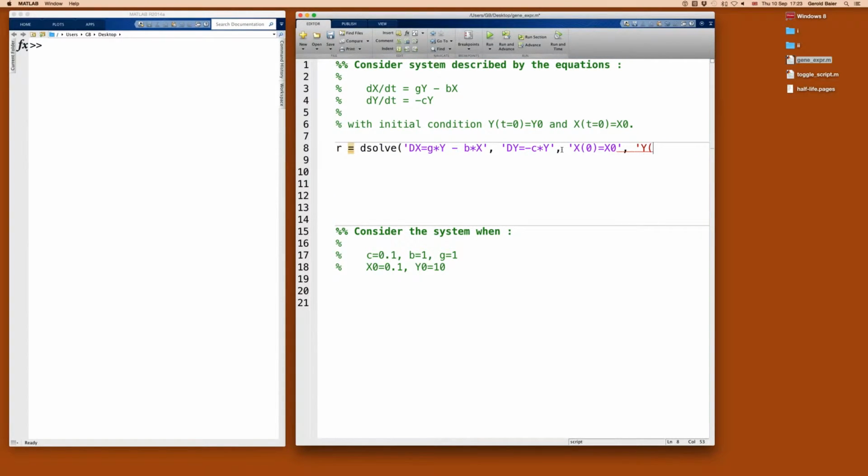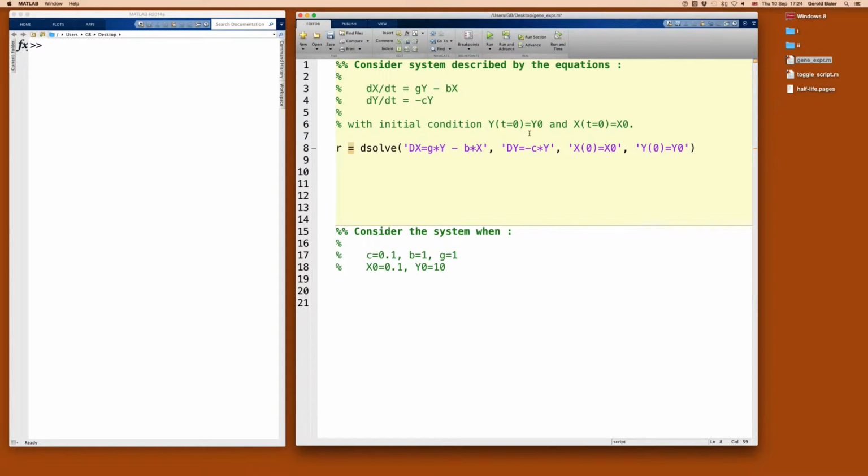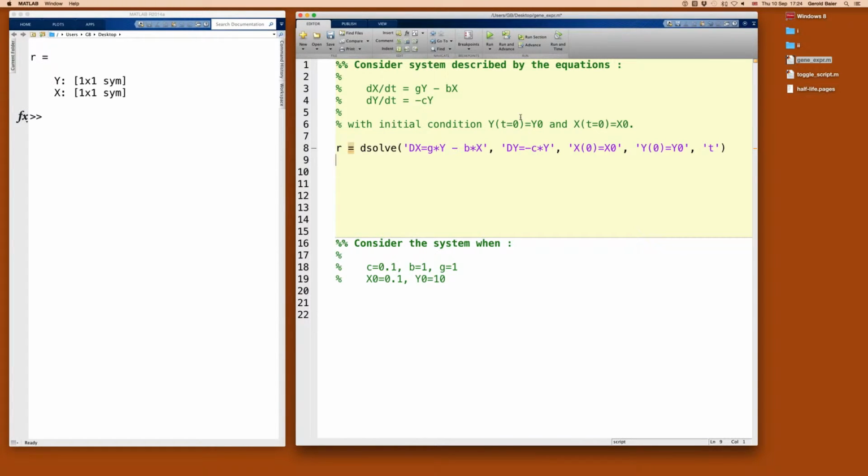And y at time 0 is equal to y naught. Finally, we want to tell this function that the independent variable we're interested in solving over is t for time. Okay? So if we just run that and see what happens, make sure we don't get any errors.